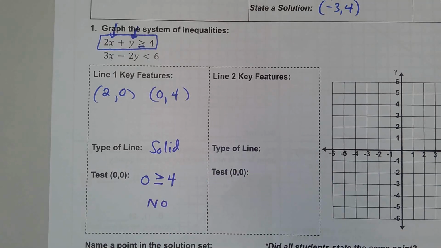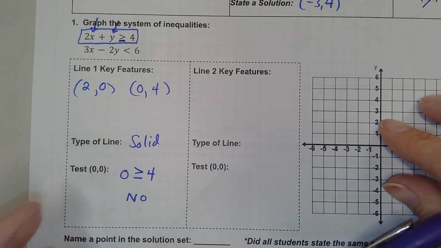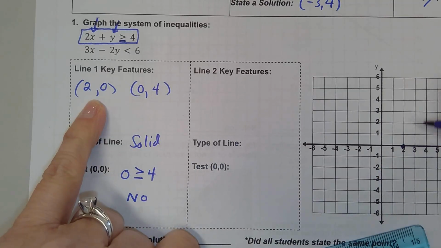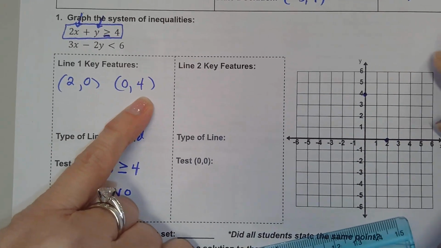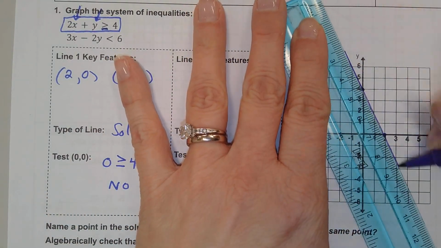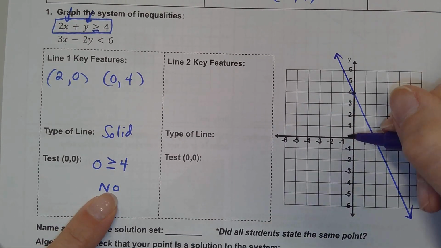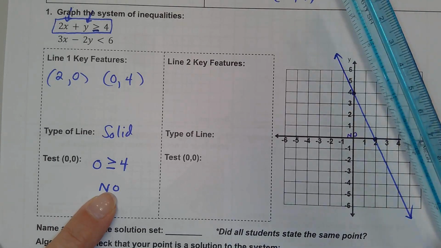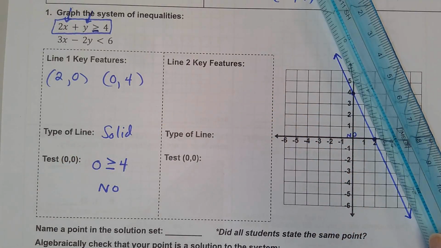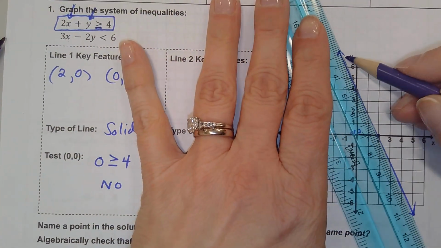No, the answer is no. I'm going to put all of this on the graph paper before I start finding the other one. 2 for the x-intercept, 4 for the y-intercept, and we set a solid line. So, a long line with arrows, and we have a no right here. So should I color this way? The answer is no. Color the other way. Let's color this way.